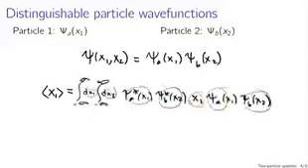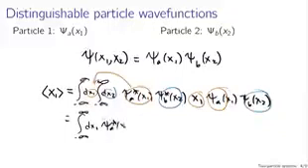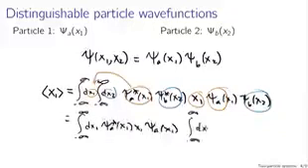If I pull the terms that are not functions of x2 out of the x2 integral, essentially moving them over here, what I end up with is two integrals that you probably recognize. Integral from minus infinity to infinity dx1 of psi sub a star of x1, x1, psi sub a of x1 for my first integral, and the integral from minus infinity to infinity with respect to x2 of psi b star of x2, psi b of x2.